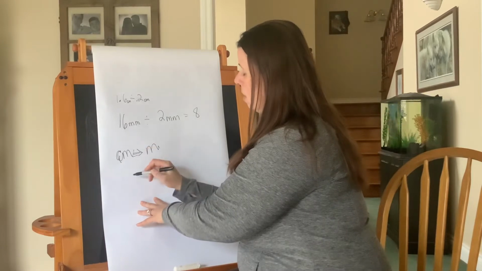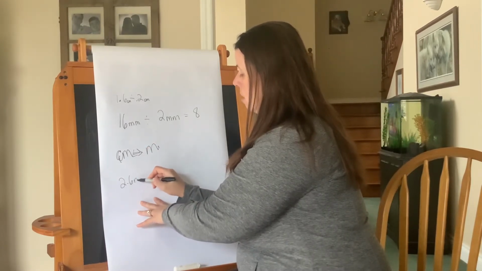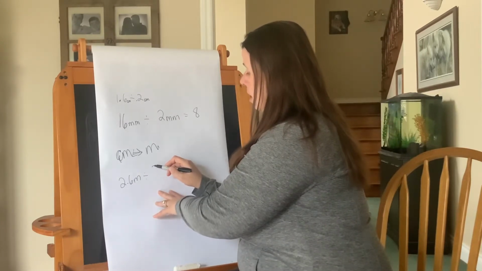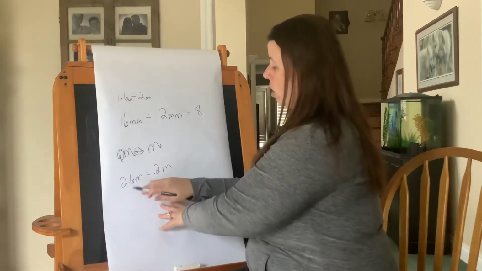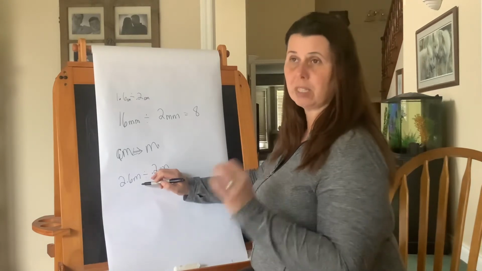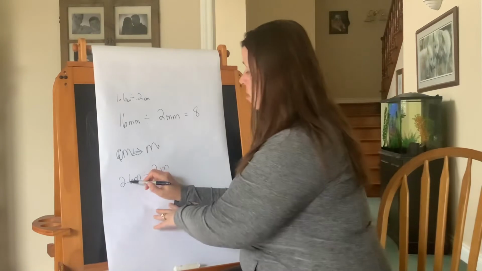So say we had 2.6 meters divided by decimal 2 meters, right? We're going to convert this to centimeters, and I know when I go from meters to centimeters, it's times 100.